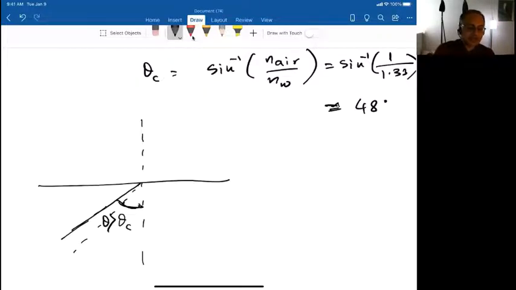So what's going to happen in that case? A truly amazing thing happens. The light will be reflected back into the medium. That is absolutely amazing because water and air are both transparent, right? So how can the light be reflected back? But it is reflected back.